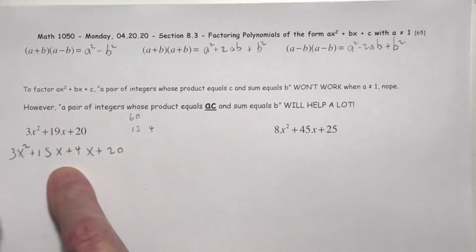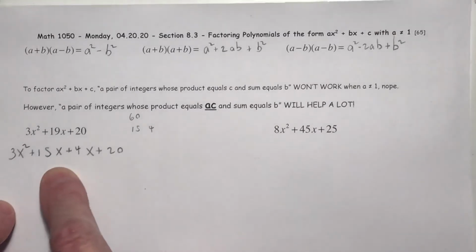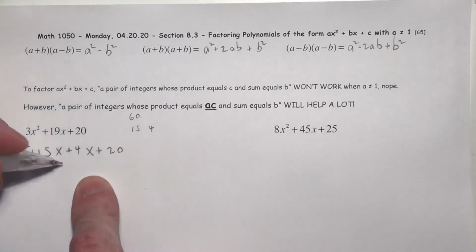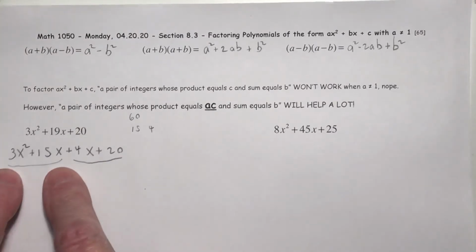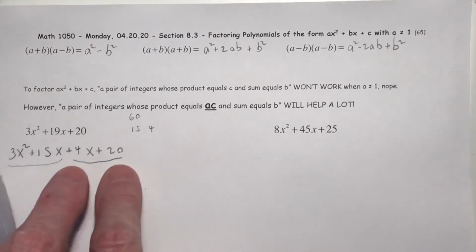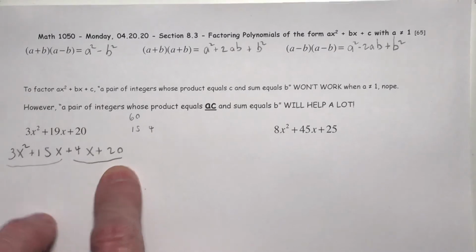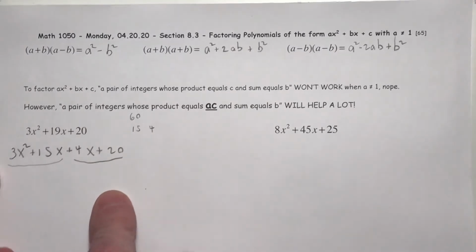See, there's the 19x. It's been replaced by 15x plus 4x. And now we do that factoring by grouping approach, where we look at these two terms independently and then these two terms independently, looking for a greatest common factor.